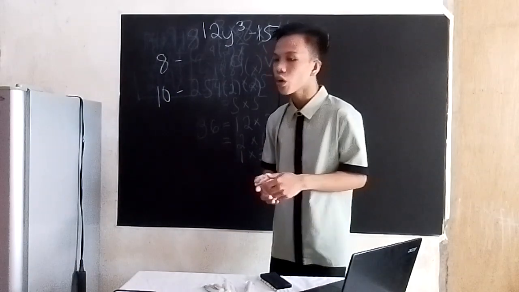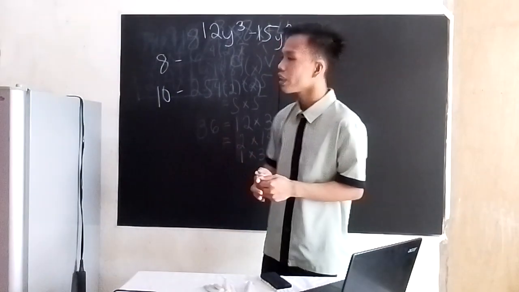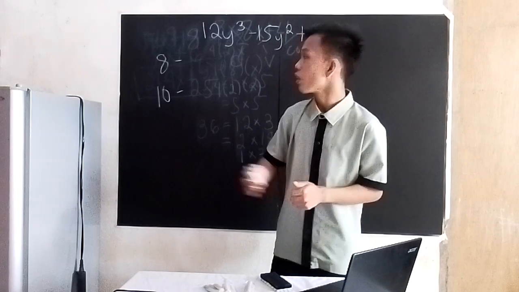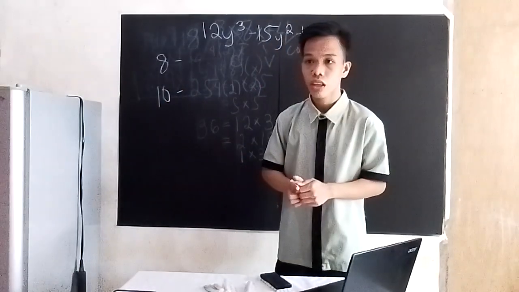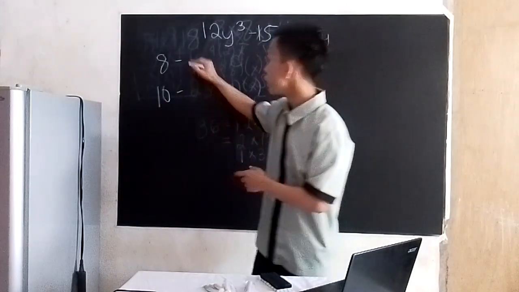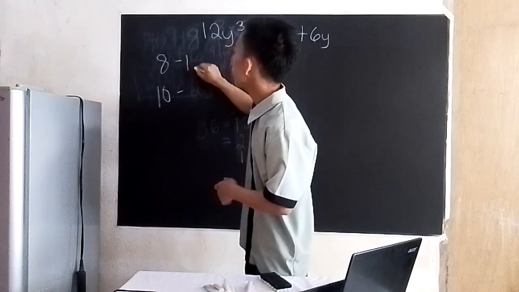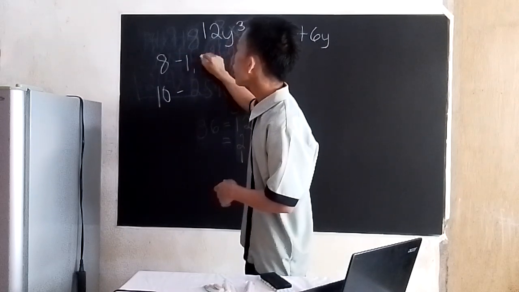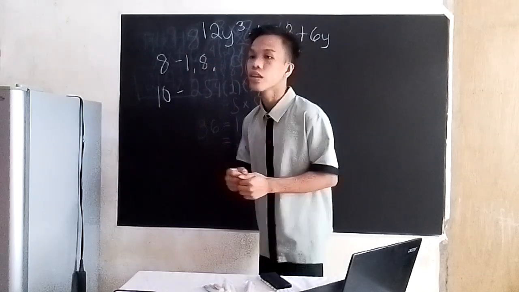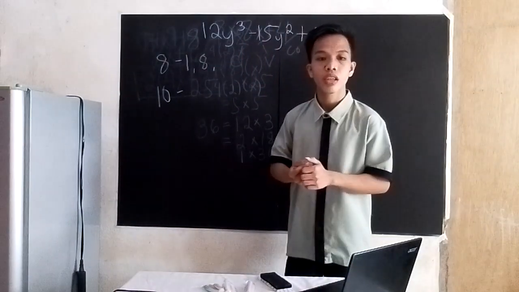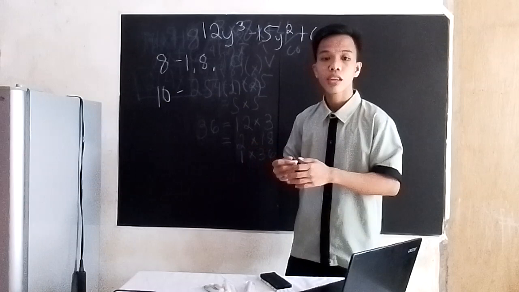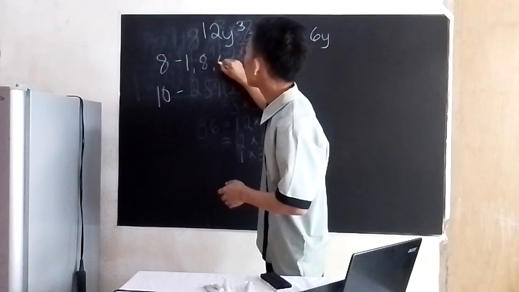We are just going to do the same. What are the numbers that when we multiply, the result is 8? That's right. The first one is 1 and 8. The second one? Yes, Leslie. That's right. 4 and 2.